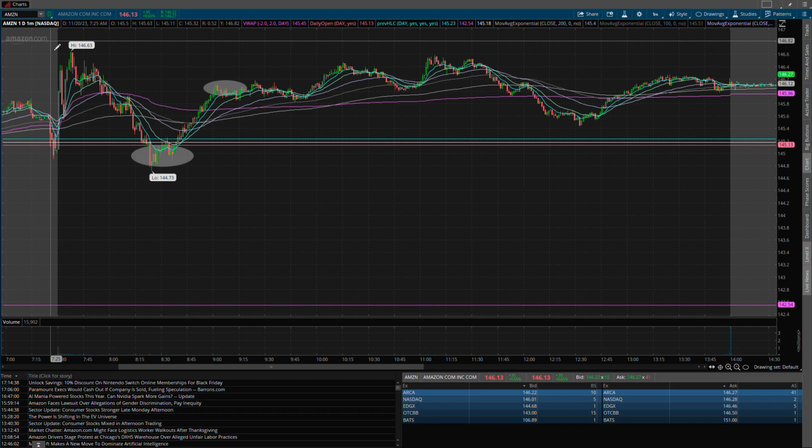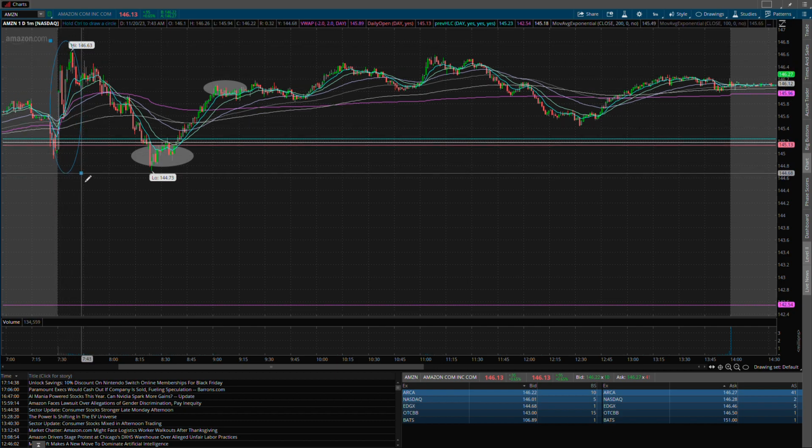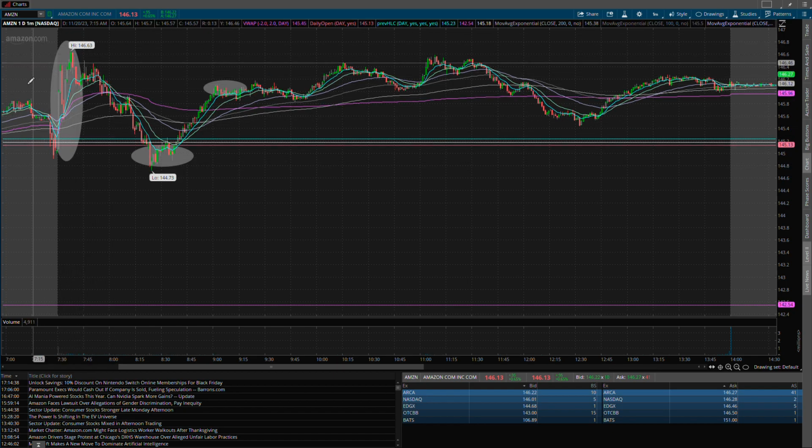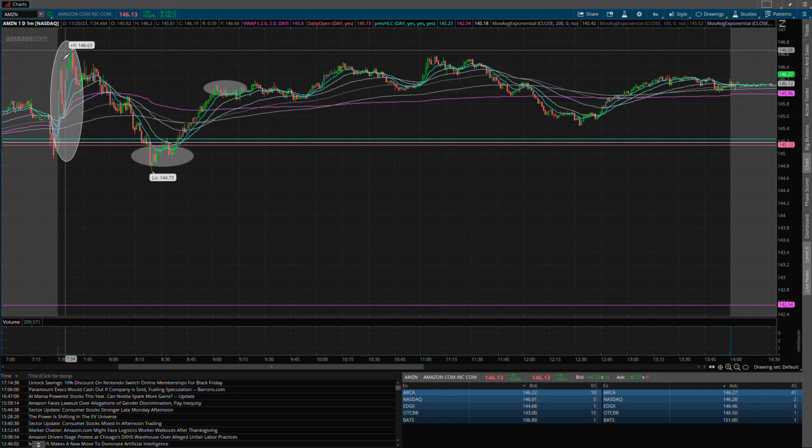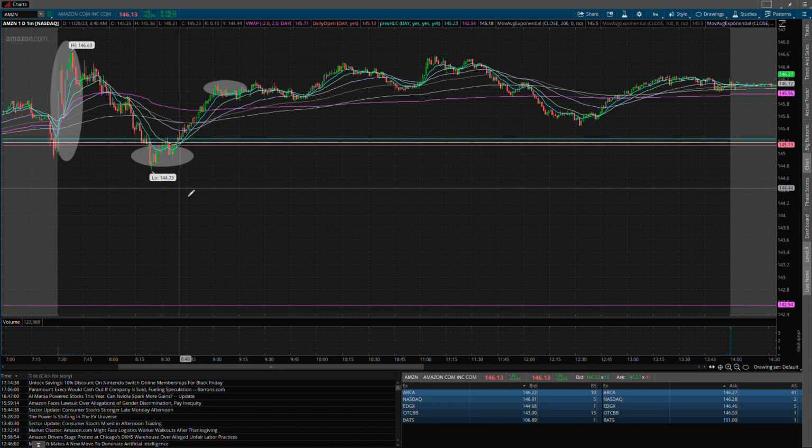Actually, this is what we call a continuation. So I would classify that as a continuation, okay? And this is a major trend reversal. So those are the 2 primary things that I've identified so far, okay, right?